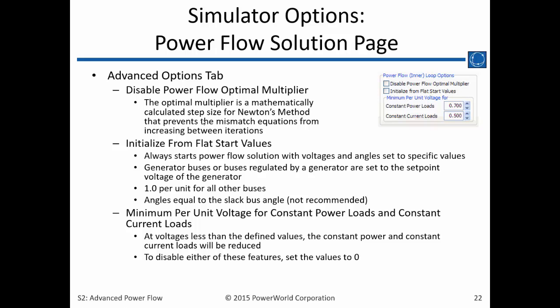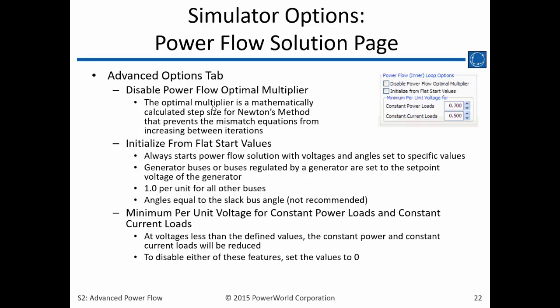The disadvantage on occasion for the optimal multiplier is that there are situations where the load flow will fail to converge because of it. It typically happens when your solution is reaching a minima on your solution curve where the slope is very, very flat.